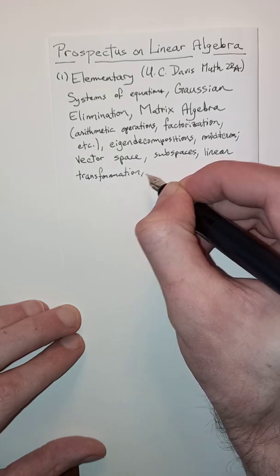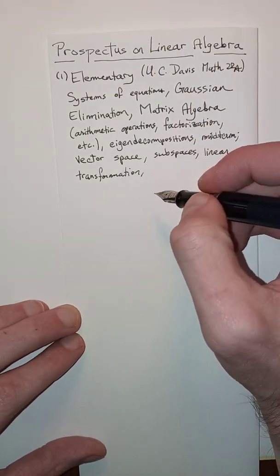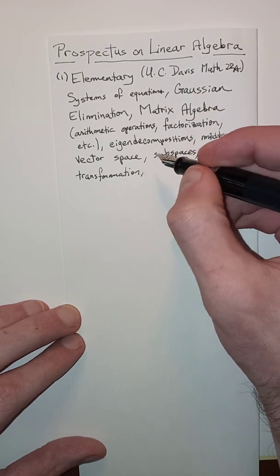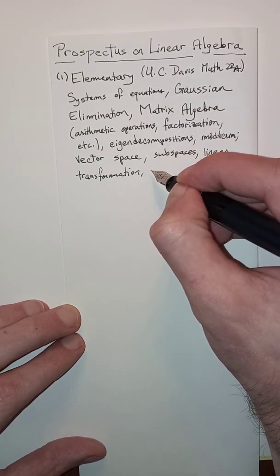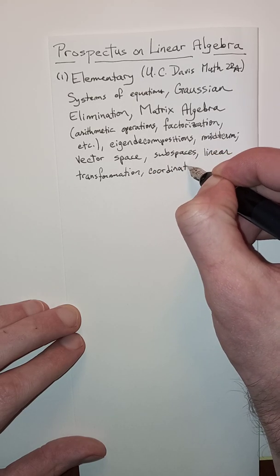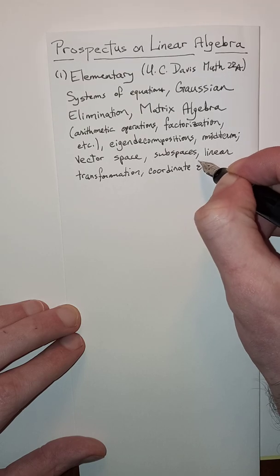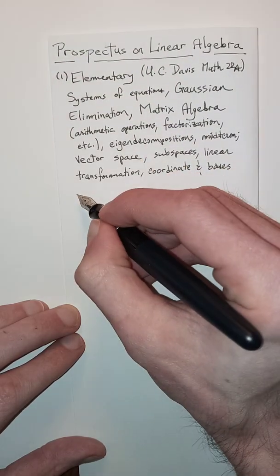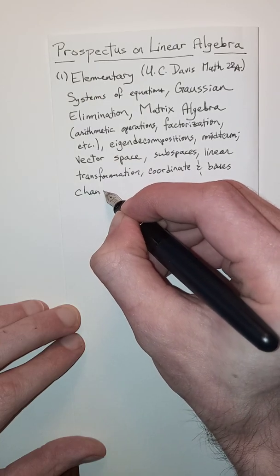And since this is a lower division course for people who are not mathematicians, usually this is done specifically in a coordinate system. So coordinates and bases are introduced explicitly, and change of coordinates.